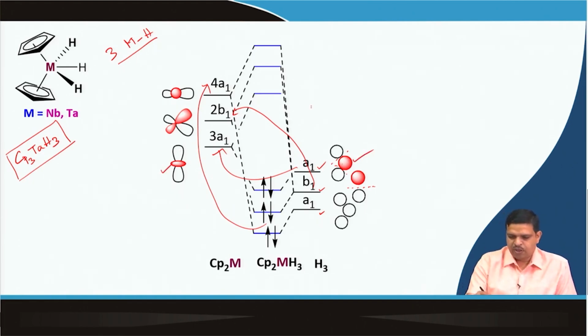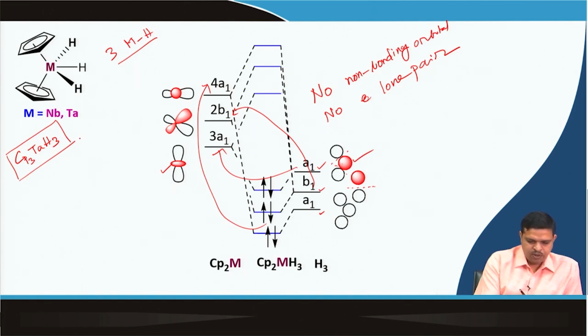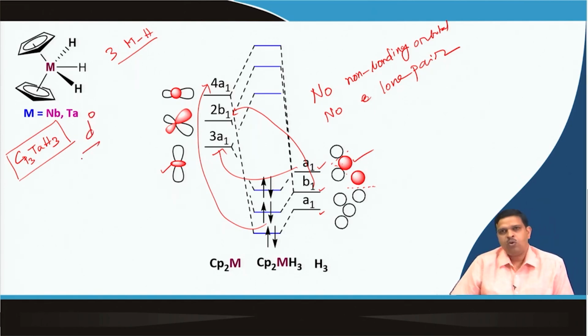So, what will happen? No non-bonding orbital, no lone pair. For tantalum, this is d0, you will see there is no lone pair, because all are in a bonding situation.